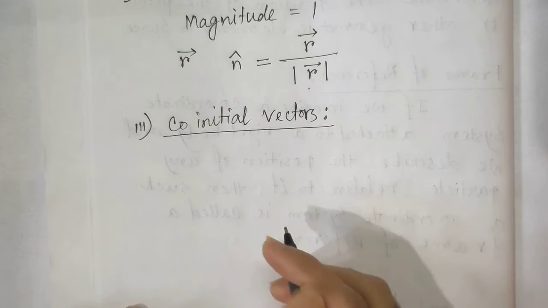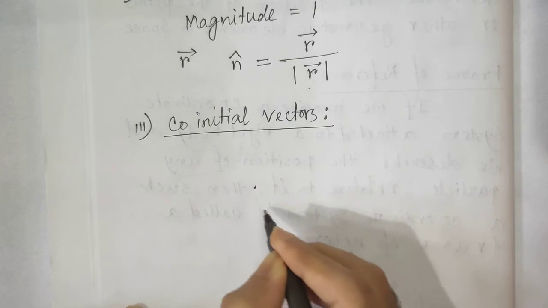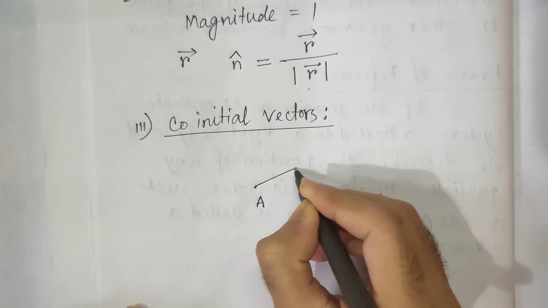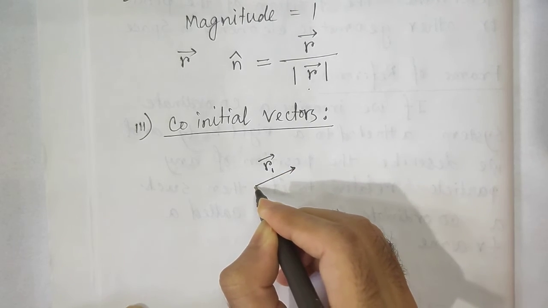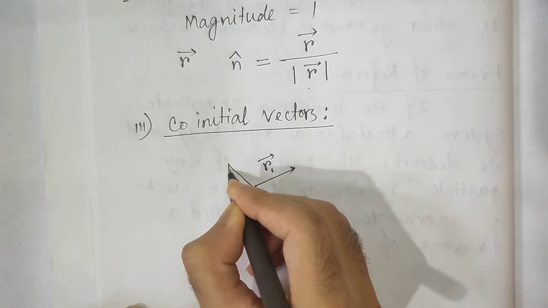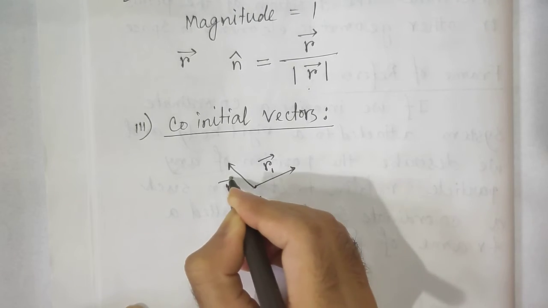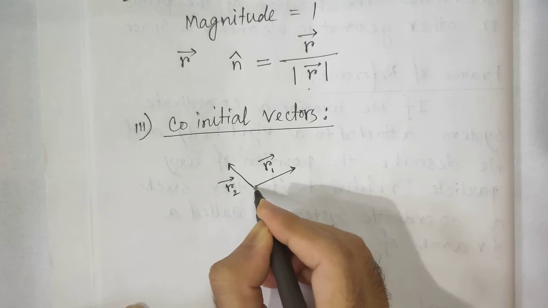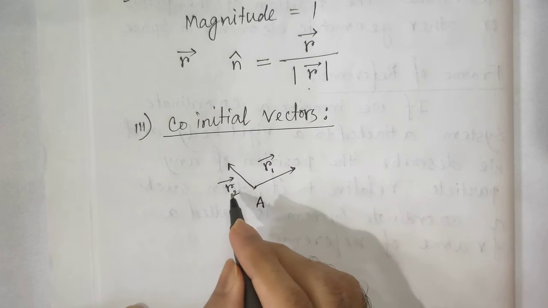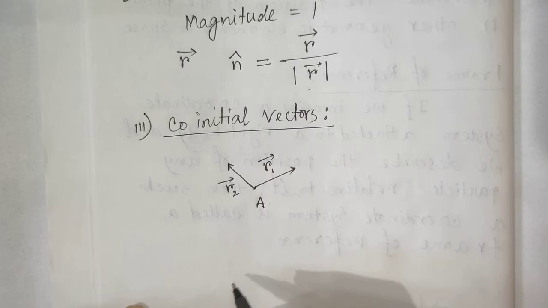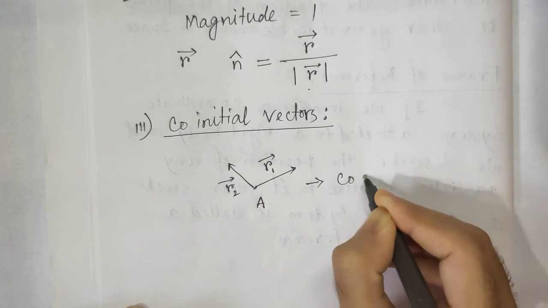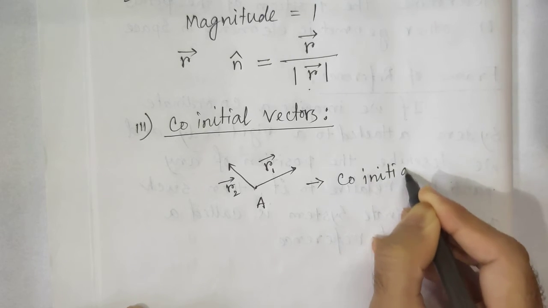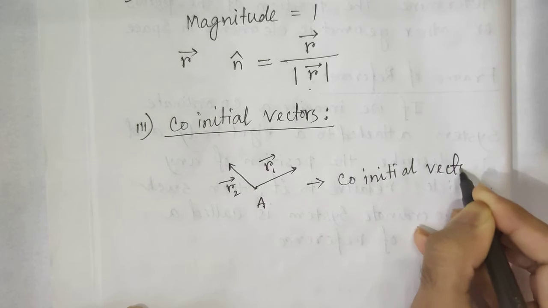Suppose here is a point which is A. There is a vector that is r1 which starts from A, and there is another vector r2 which also starts from A. So r1 and r2, these two vectors have the same starting point. So these two vectors are called co-initial vectors.